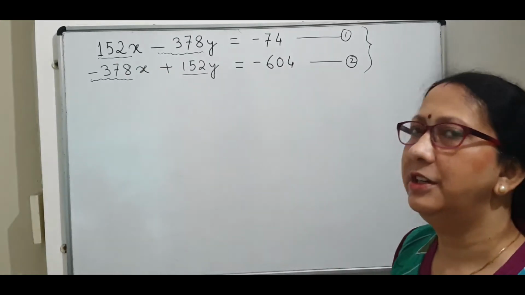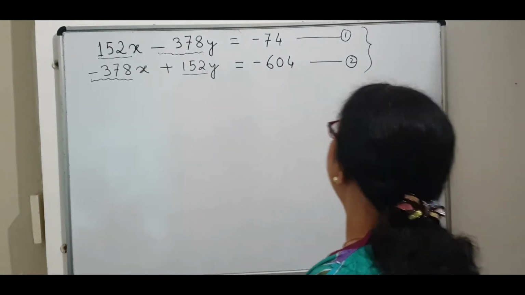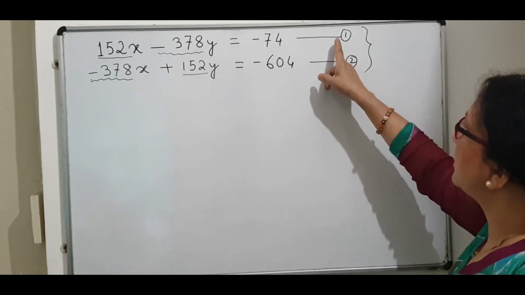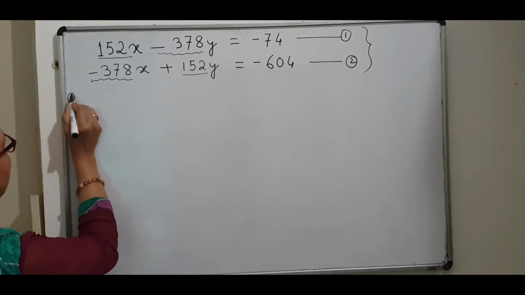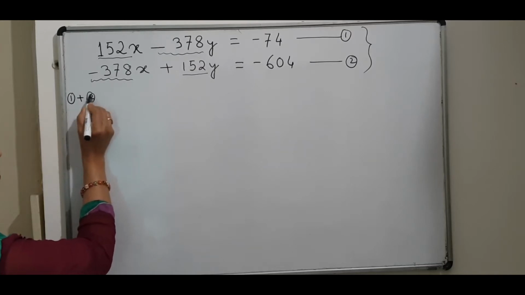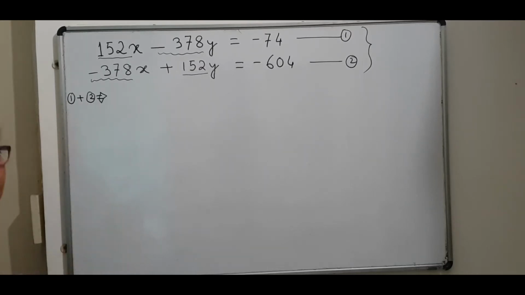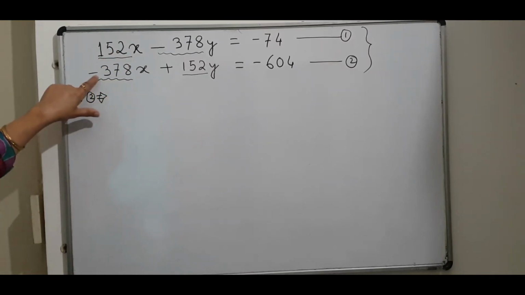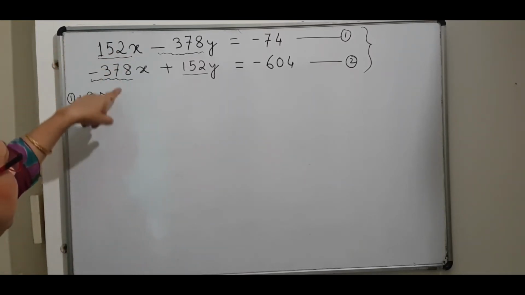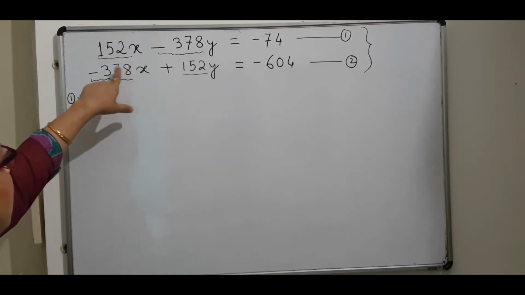How is it done? The first thing we have to do is add these two equations. So when I'm adding 1 and 2, you see, the coefficients will be added. So when I do the addition, it will be minus 226.